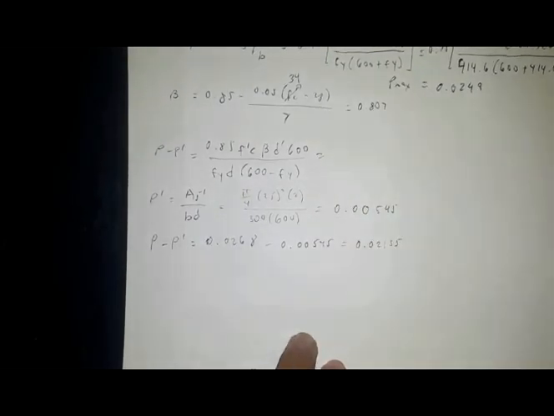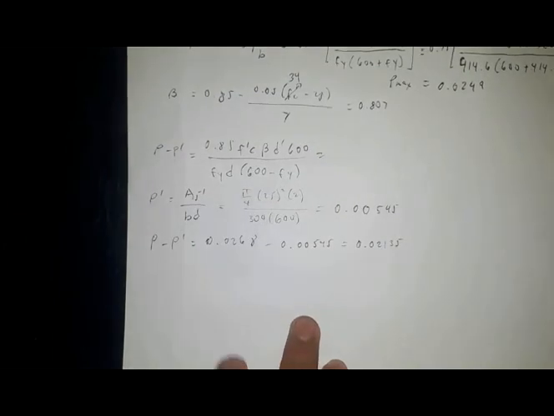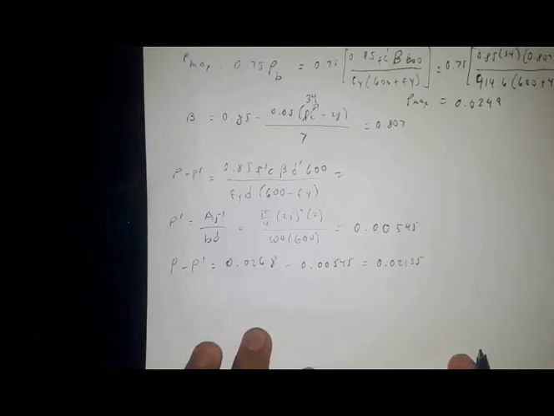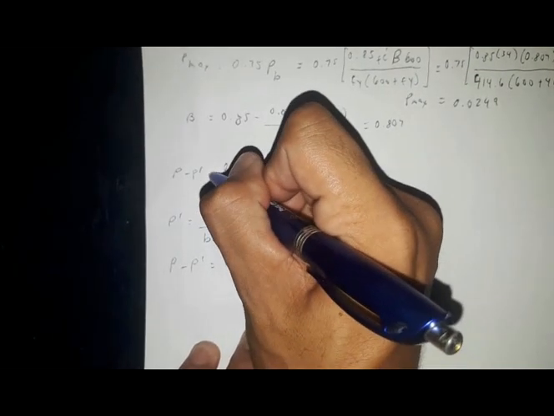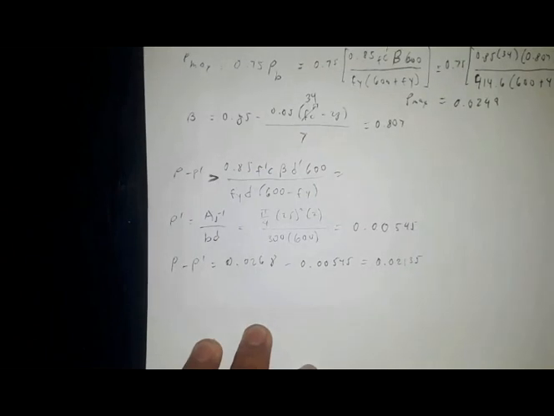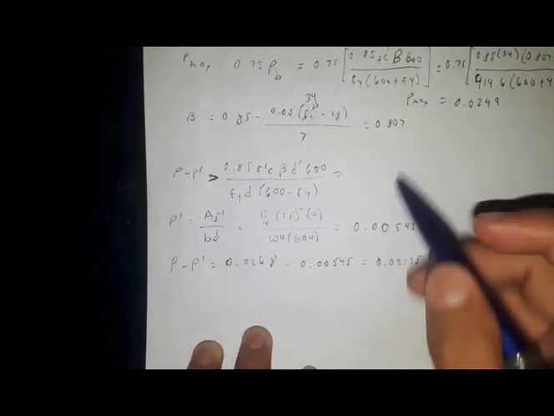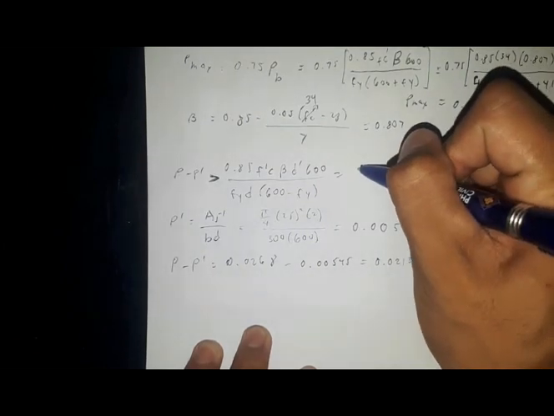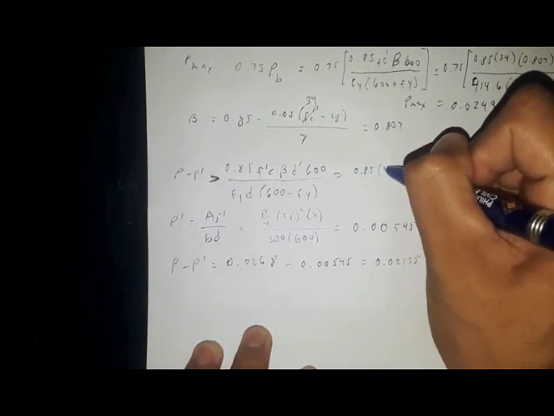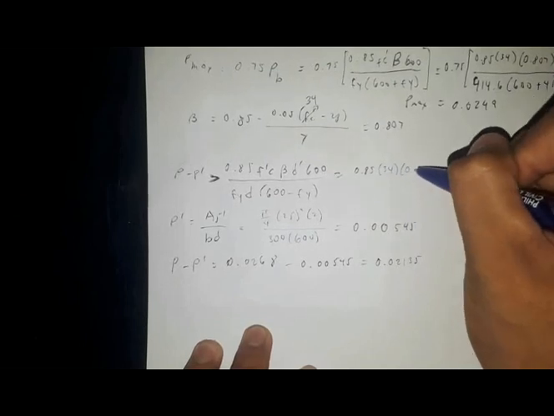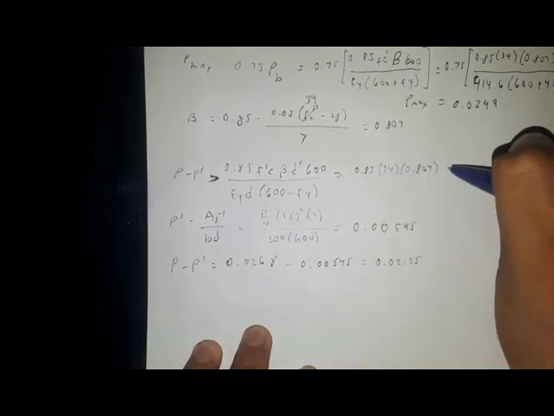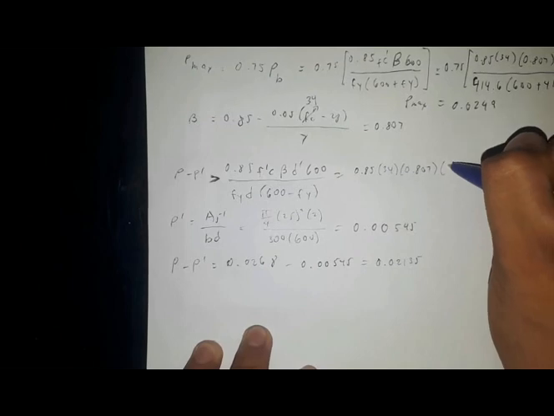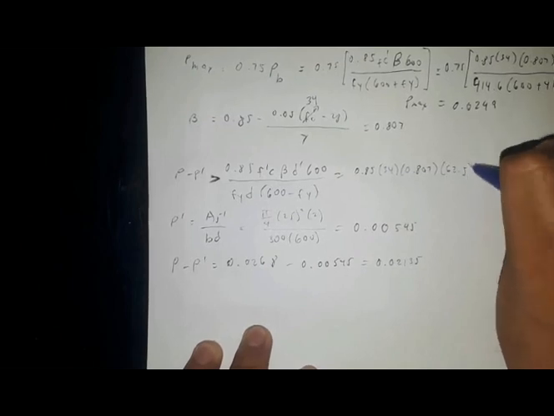Now, ito naman yung solve natin. So, that is equal to, so ito, it must be greater than pala. Ayan. So, this must be equal to 0.85 times 34 times yung beta kanina na nasolve natin times d prime of 62.5.